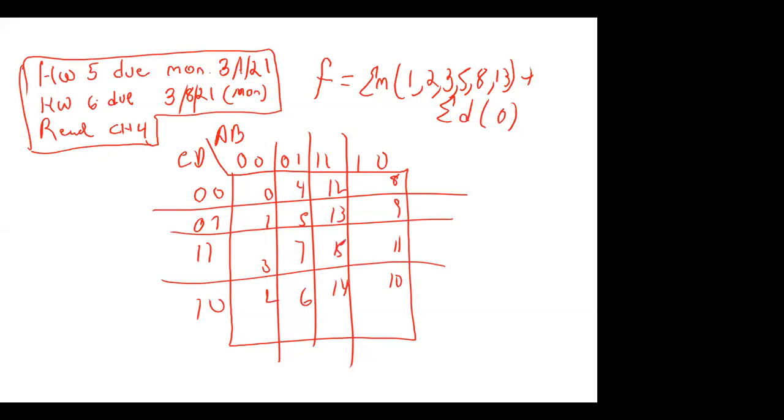Because we're being given the numbers. If we write them in the wrong place, it's going to give us wrong answers. So it says here, I got a 1 on 1, 2, 3, 5, 8, and 13. And I got a don't care on 0.